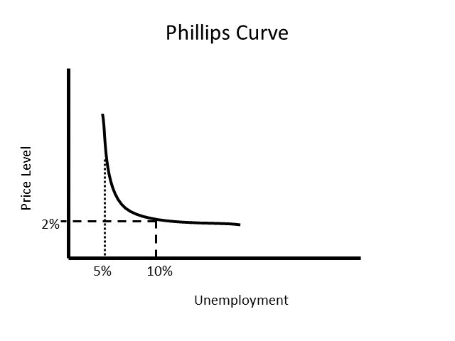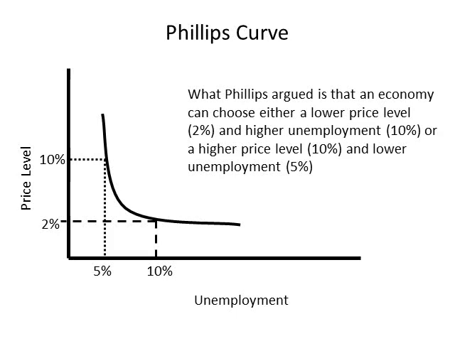This means that prices would have to increase, in our example up to 10%. What Phillips argued is that an economy can choose either a lower price level, 2% in our case, with a higher unemployment of 10%, or a higher price level of 10% with a lower unemployment rate of 5%. The key point here is to notice that he argued there was a trade-off between the price level and unemployment.